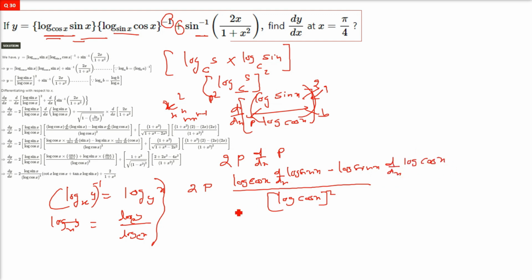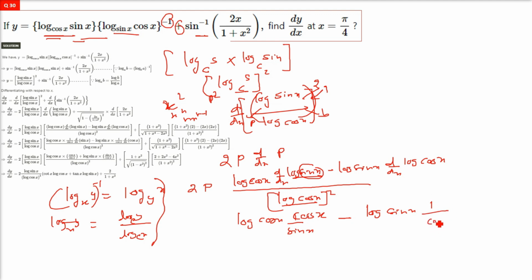Okay. So log cos x will remain like this, log cos x, and log sin x. Differentiation of log is 1 by that thing. So it will be 1 by sin x, and the differentiation of sin x is cos x. Now minus log sin x. I am not writing the denominator now, doing the numerator only.